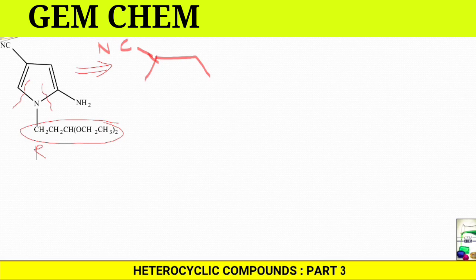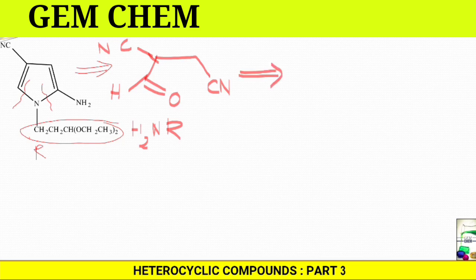I have told you already that this part you are going to take as cyanide only. This part is again CHO group. So once you continue this connection, this part will be NH2 and the R group whole as it is.